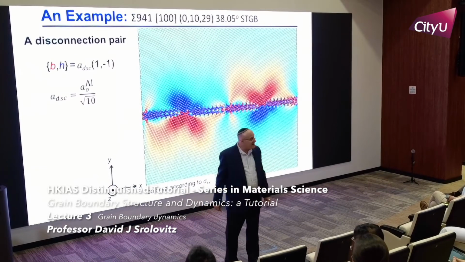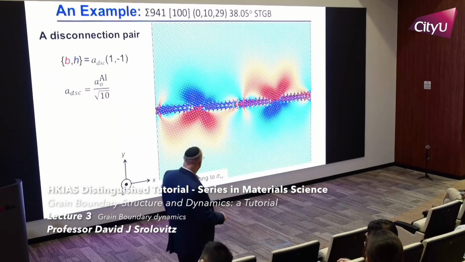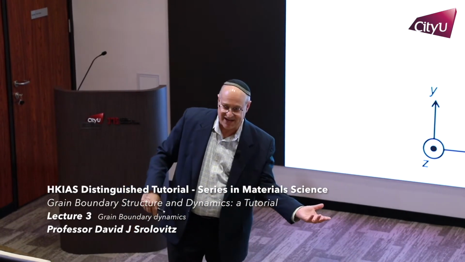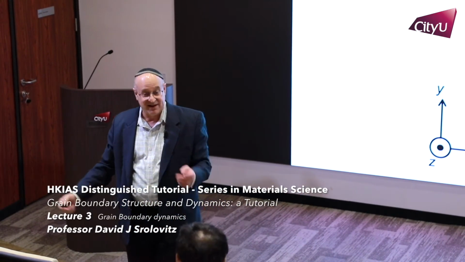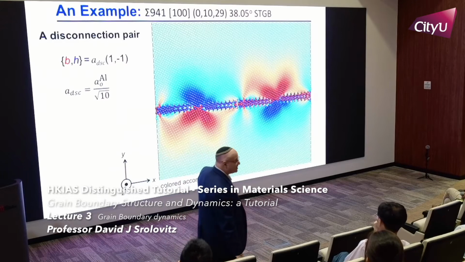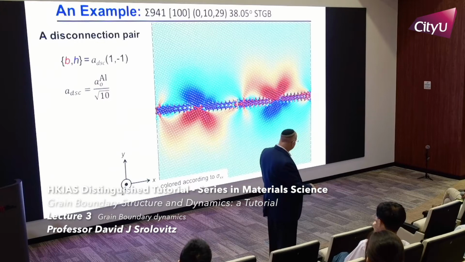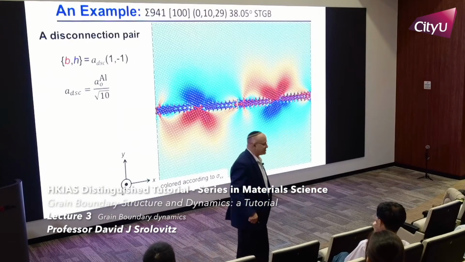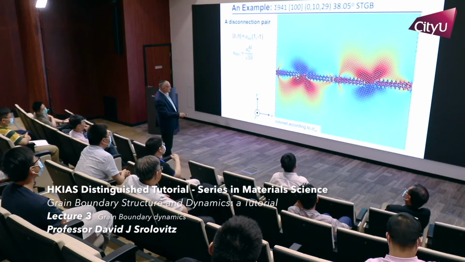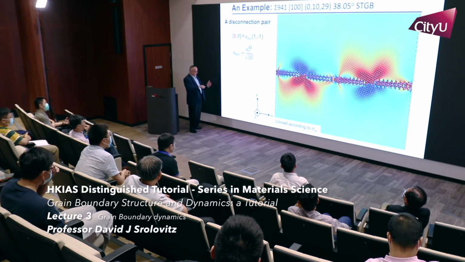But the disconnections are just standing out there in the open. They have a long range elastic field, which is very clear. And they're opposite because one's a plus disconnection, one's a minus disconnection. So even a complicated grain boundary with a very small Burgers vector still has a long-range elastic field that will couple with an applied stress. There's a small step height here, very small, but it's still there. Again, it's the same magnitude as this.